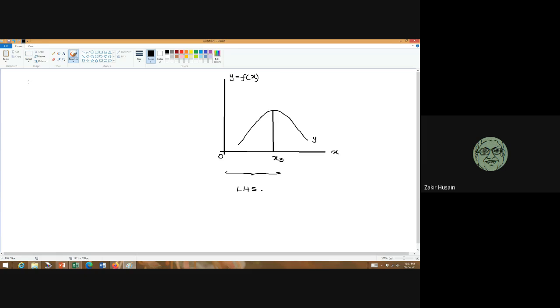See, what we have said is y equal to f(x) has a maximum at x equal to x0.